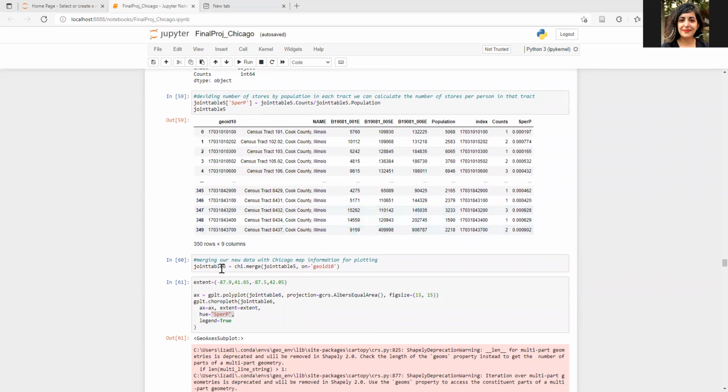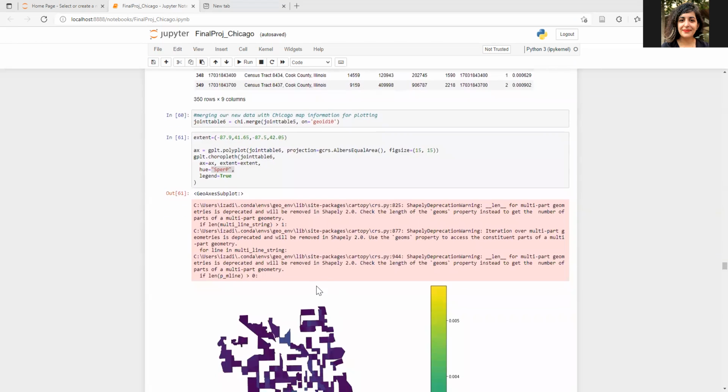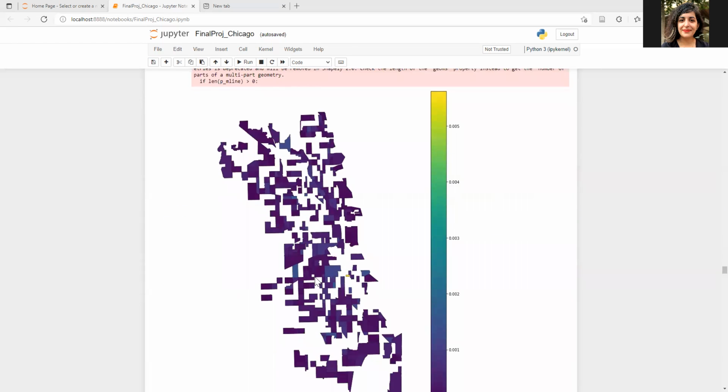Then I created another table, joint table 6, and merged my joint table 5 with the Chicago shapefile, because now I want to look at my normalized grocery stores per population on a shapefile. So I did that and redid the analysis. Now I see that almost everywhere in Chicago, with very little difference, the share of people per number of grocery stores is somehow the same.